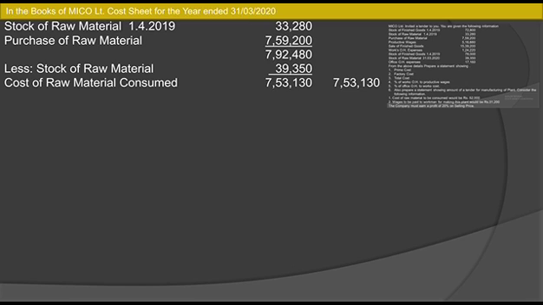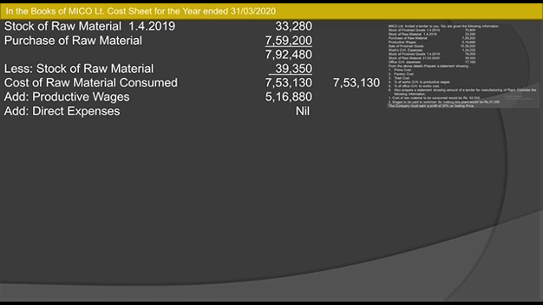Now to this cost of material consumed, we will be adding productive wages. It is the second element of cost, that is direct labor, also called productive wages. It is given as 5,16,880. Now in the question there is no explanation about direct expenses, or no element of direct expenses is mentioned.